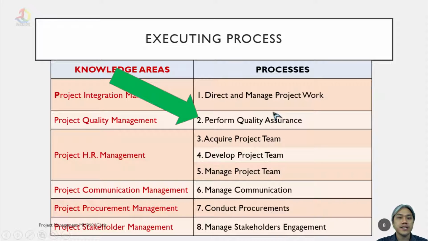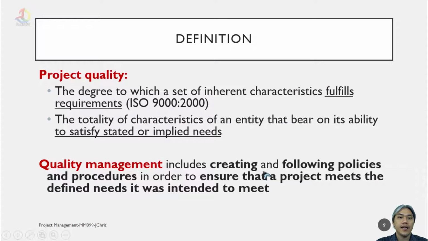The process in the executing process group of project quality management is perform quality assurance. The definition of quality here is the degree to which a set of inherent characteristics fulfills the requirements, per ISO 9000:2000.